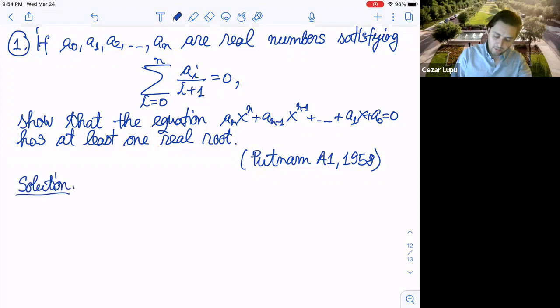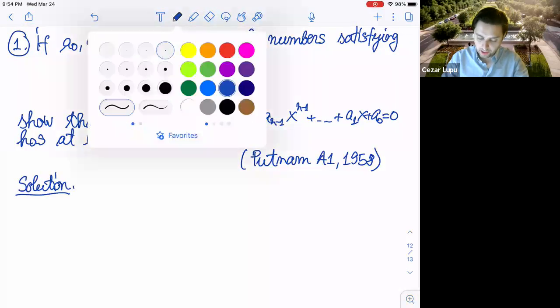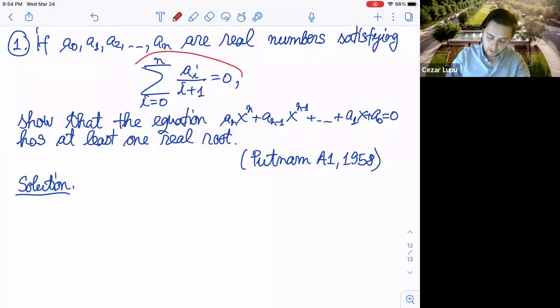If we have the mean value theorem in mind, the solution will be quite easy. So in fact, we will have to look at this guy here, and maybe we can rewrite this in a certain way to be more exact.